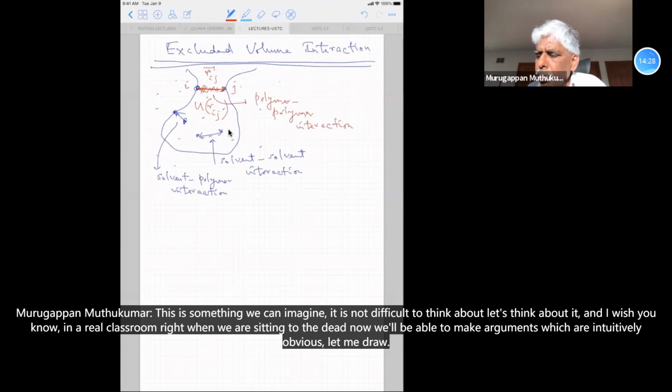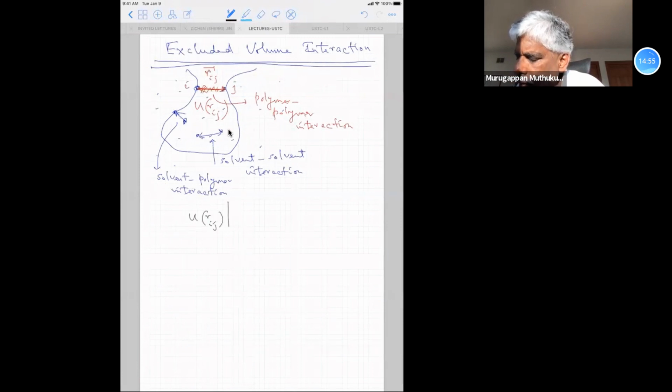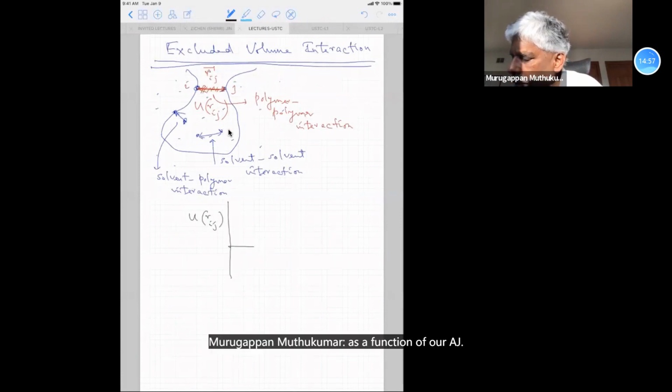This is something we can imagine. This is not difficult to think about. And I wish in a real classroom, when we are sitting together, we will be able to make arguments which are intuitively obvious. Let me draw a cartoon of U(Rij) as a function of Rij.